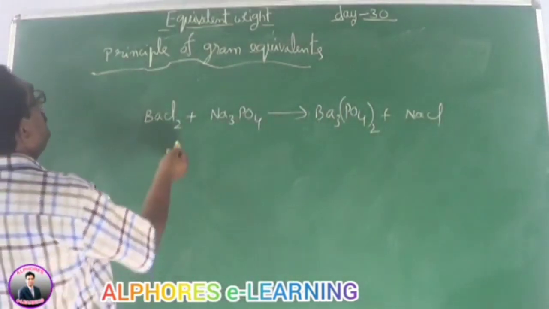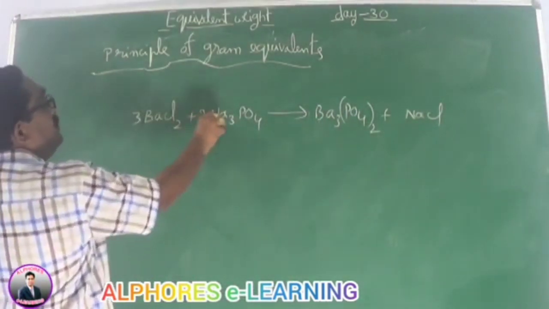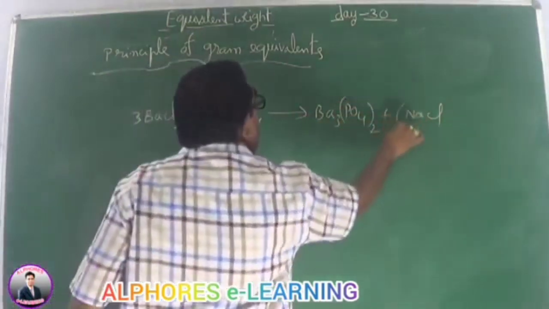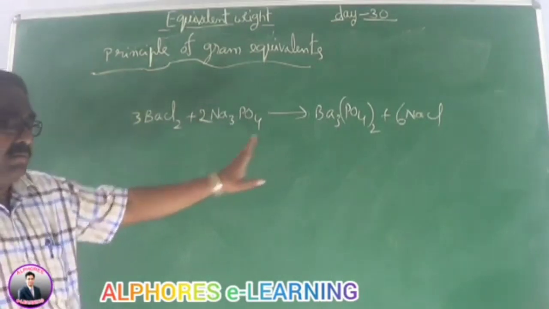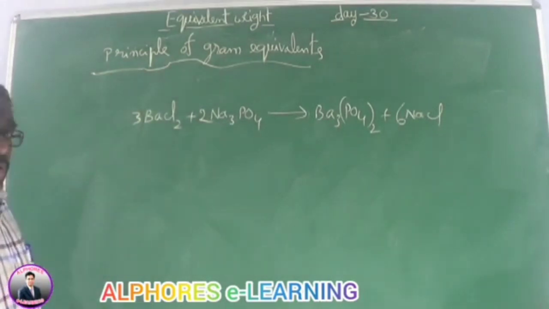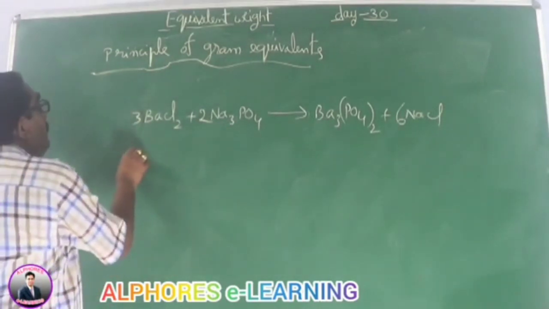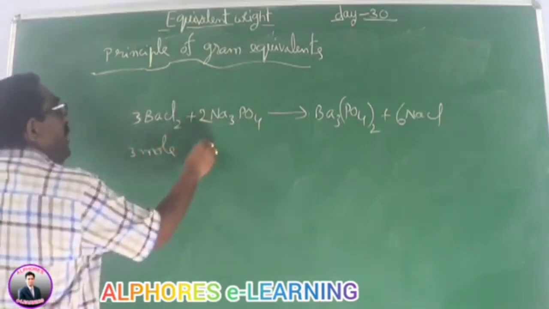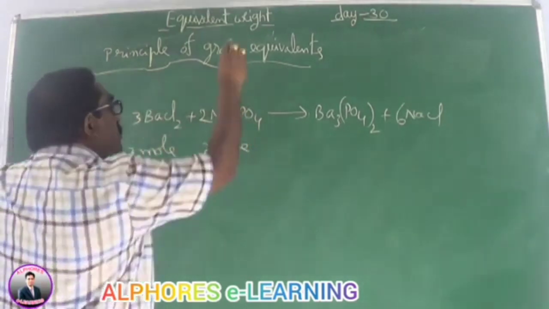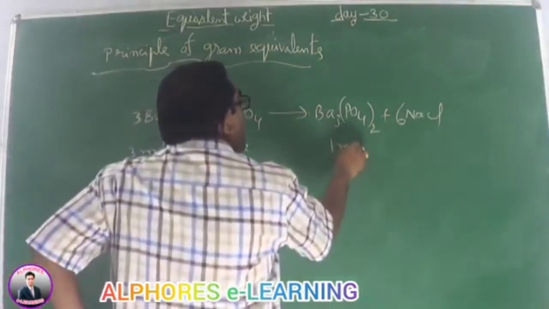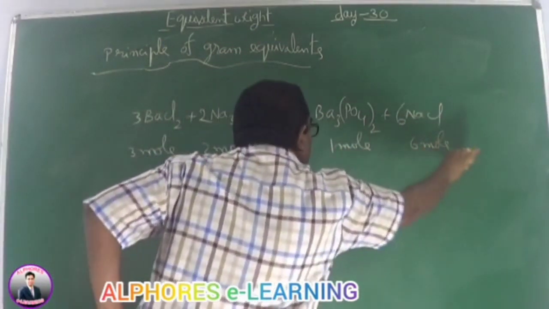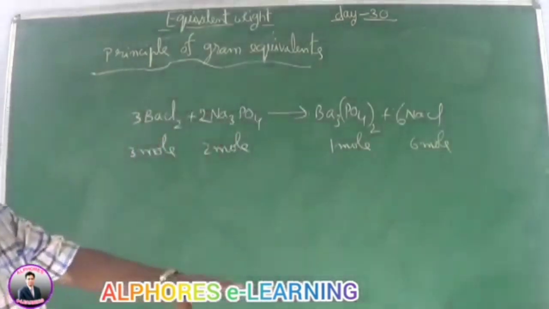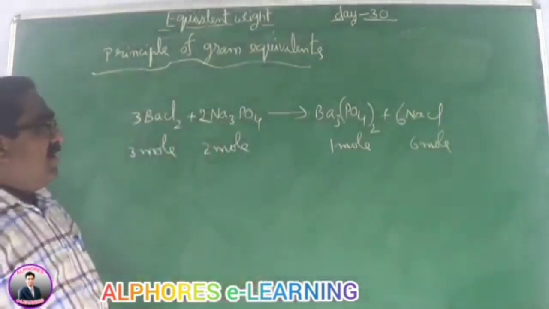Right. 3 BaCl2, Na3PO4 twice, 6 moles of sodium chloride. This is the balanced chemical reaction. I can write like this: 3 moles of barium chloride always combine with 2 moles of sodium phosphate, forming 1 mole of barium phosphate and giving 6 moles of sodium chloride. This is as per the balanced stoichiometric equation.